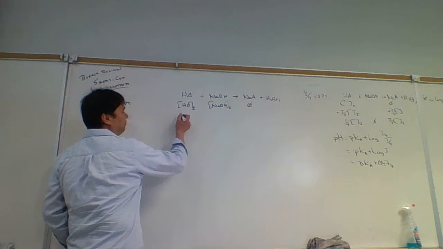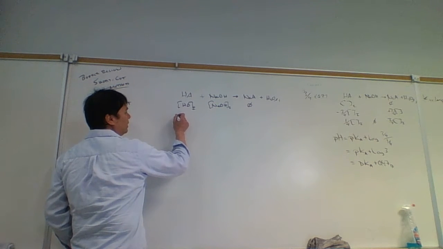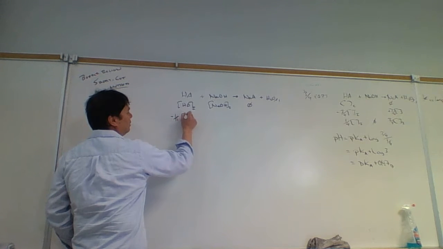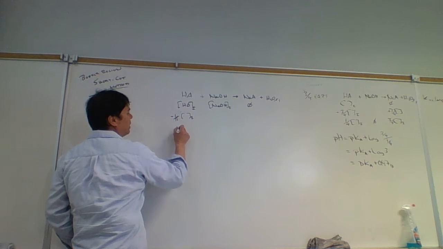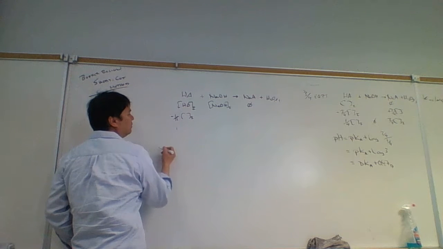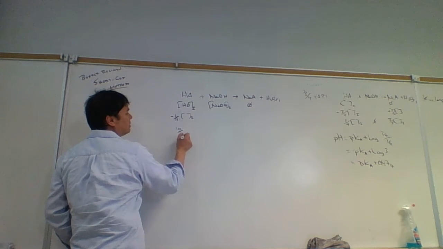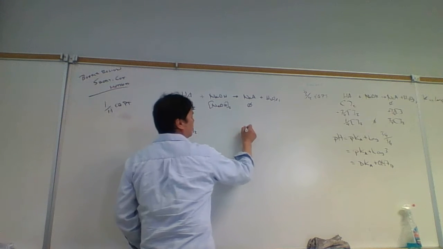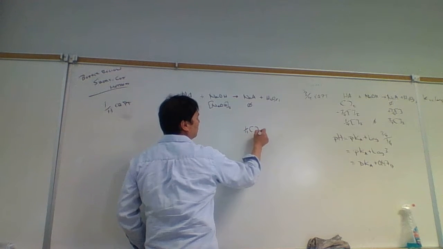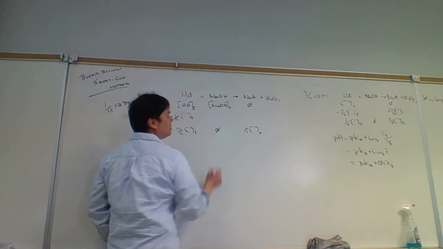And so 1/11 is, we've just neutralized 1/11 of our initial, which means how many do we have left over? 10/11 of our initial left over. And then we're going to generate 1/11 product. This is going to go to 0.